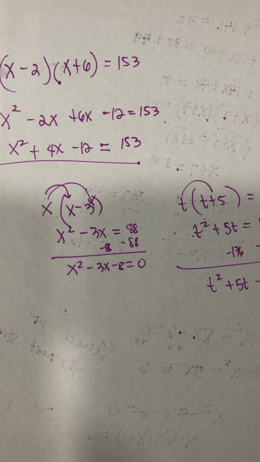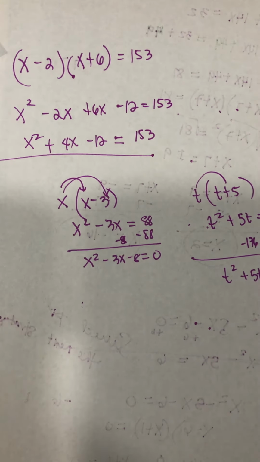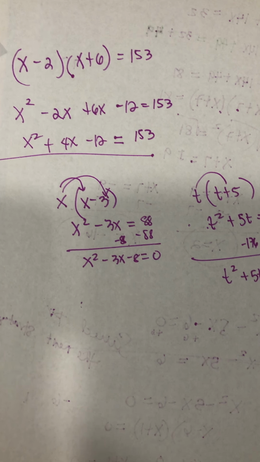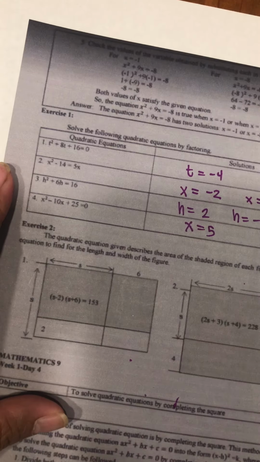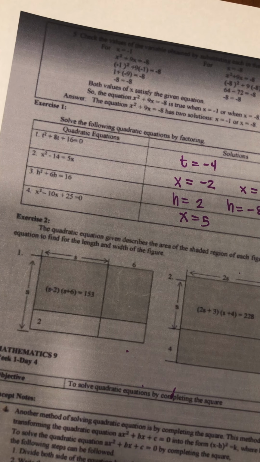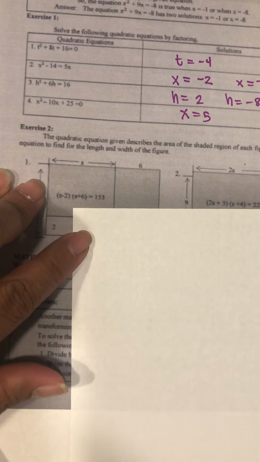We're done. Now let's go back to that question that we didn't answer because all of the strategies that we've learned didn't work. All right, so it's on page 5. All right, so let's look at page 5. All right, so right here we have x minus 2. What is that?